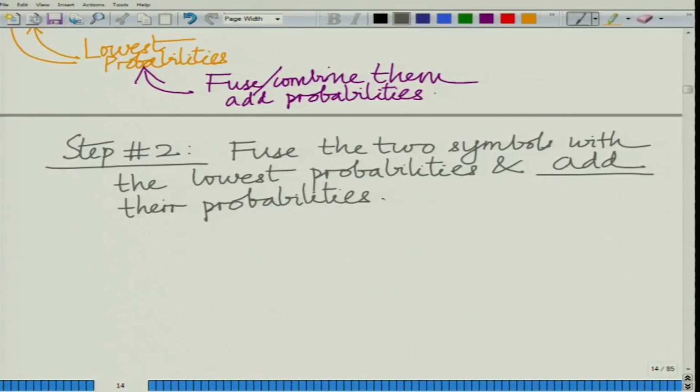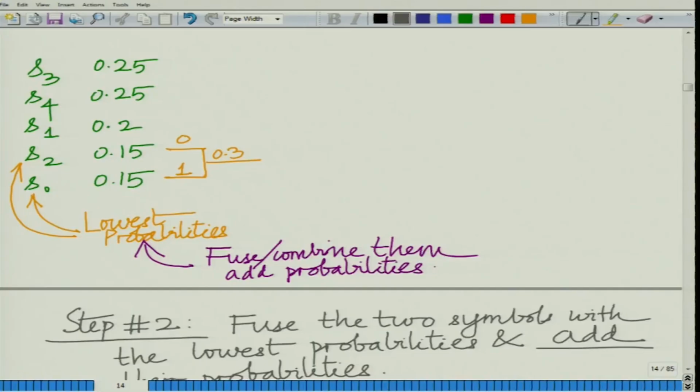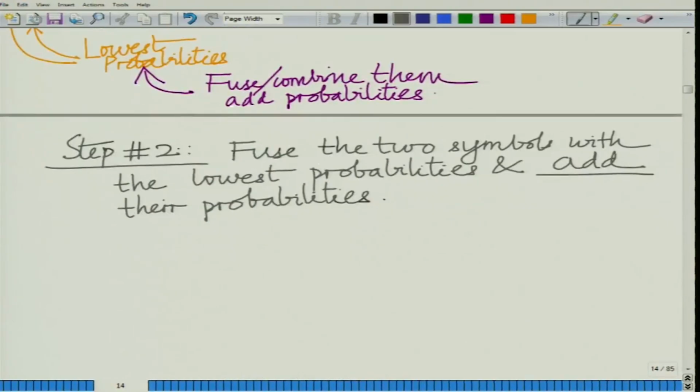So we are fusing these two symbols which have the lowest probabilities, and then we are adding their corresponding probabilities. And to one of the branches we are assigning 0, to the other branch we are assigning a 1, and the significance of that you are going to see slightly later.